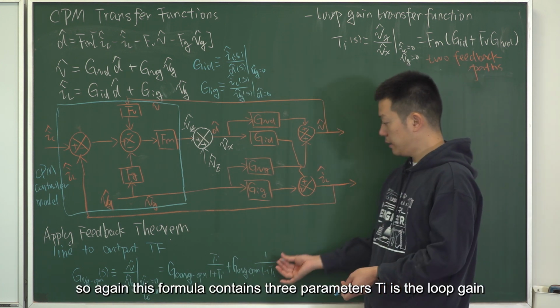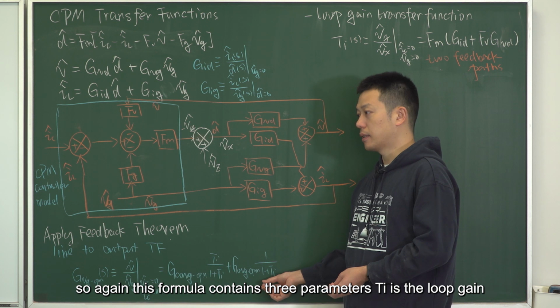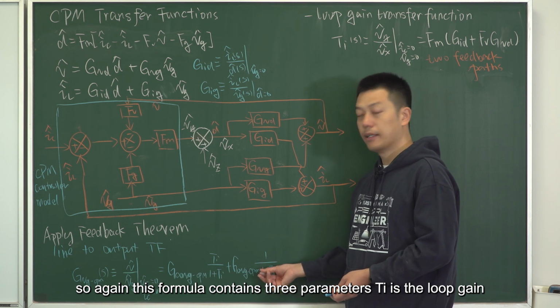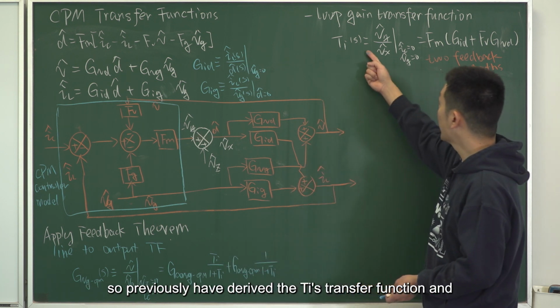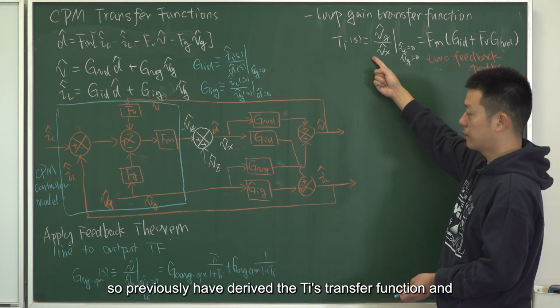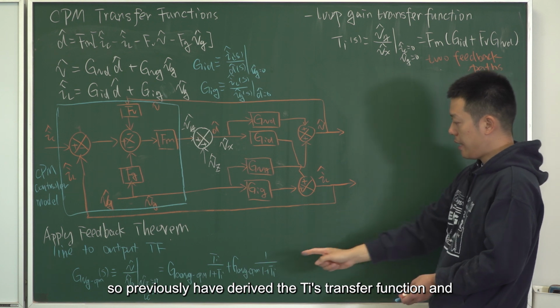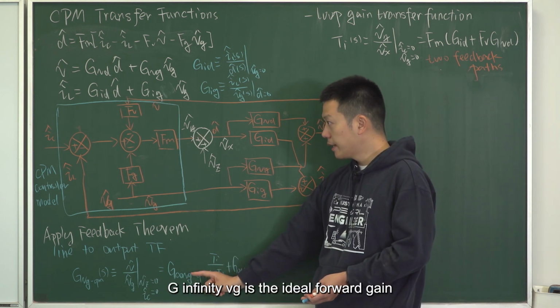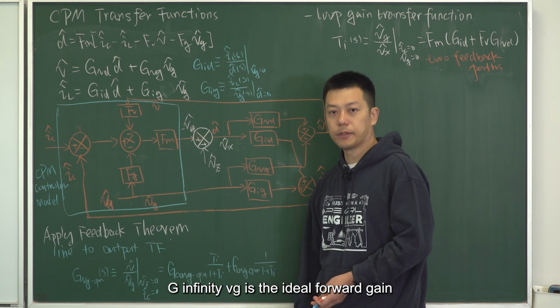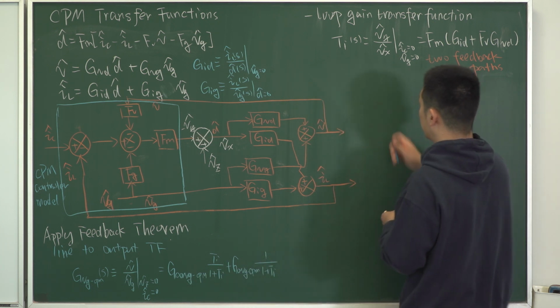So again, this formula contains three parameters. Ti is the loop gain. So previously we have derived the Ti transfer function. And G infinity Vg is the ideal forward gain.